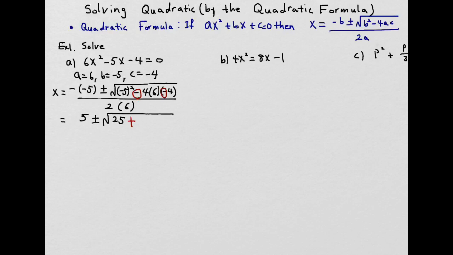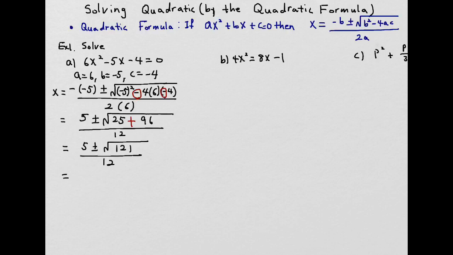And when you multiply 4 times 6 times 4, you're going to get 96, over 2 times 6, 12. Then you get 5 plus minus square root of 25 plus 96, 121, over 12.